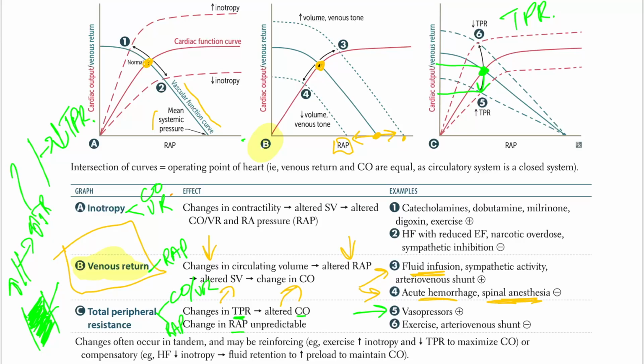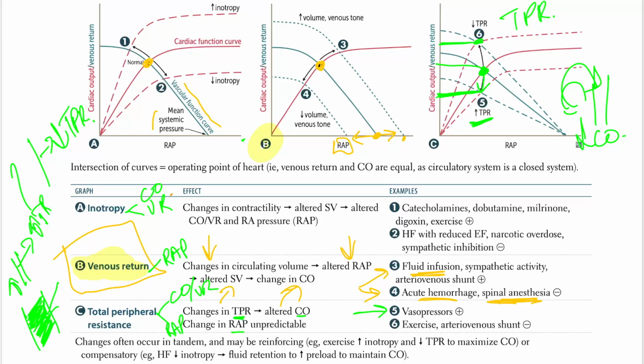At this point you had a higher cardiac output, but as soon as you have an increase in TPR, it's going to be hard for the heart to push out into the closed or vasoconstricted vessels, so the cardiac output from the heart here is going to decrease. So cardiac output decreases when you increase TPR. Vice versa, when you decrease TPR, the cardiac output increases.